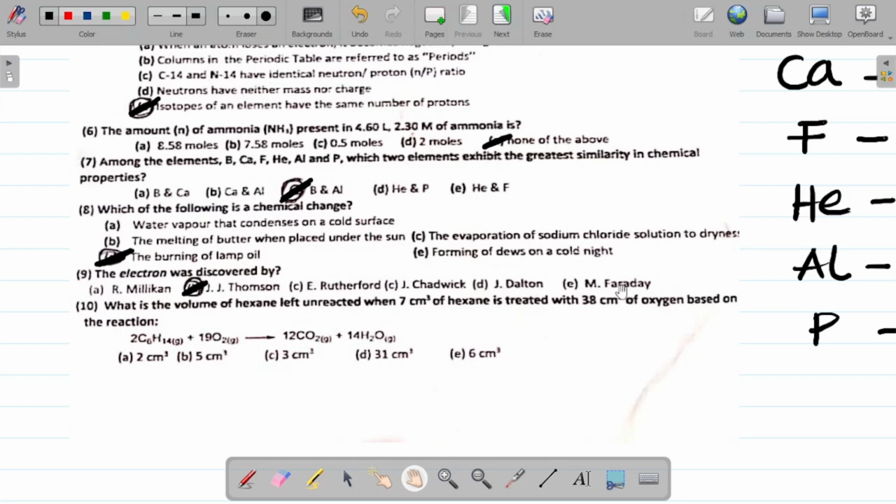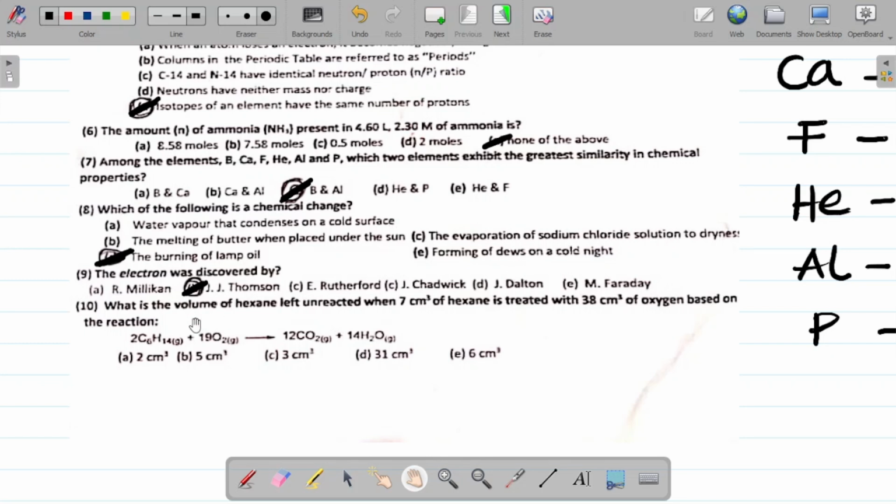Then M. Faraday, that's Michael Faraday, discovered the concept of electromagnetic induction, or electrolysis.